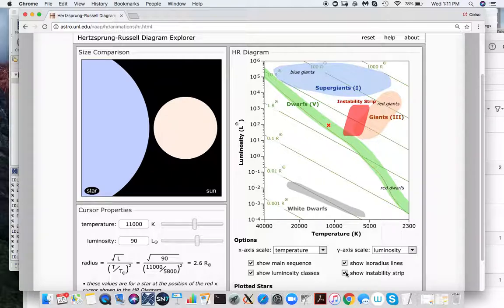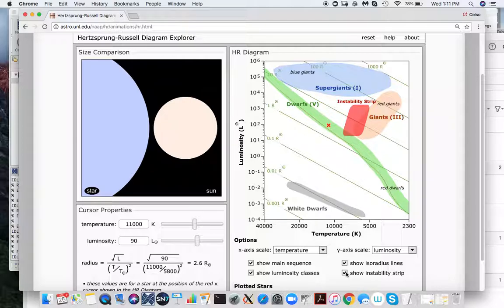And this pulsation means their luminosity changes periodically with time. And they are very important. They are key stars in our courses, both lecture and lab, because these stars enabled astronomers to establish the first ruler for measuring distances in our galaxy.